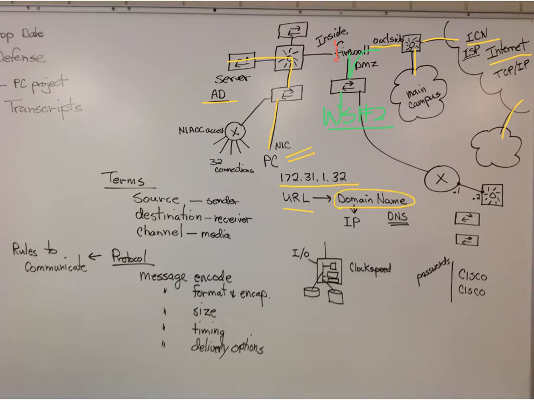We have a domain name, use domain name services to get an IP. So we have a source where we're starting from, and then we have a destination where we're going, and we have a channel, the media that we send it across, which is either wire, wireless, or fiber optic. Pretty much.